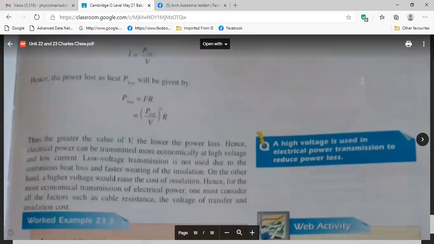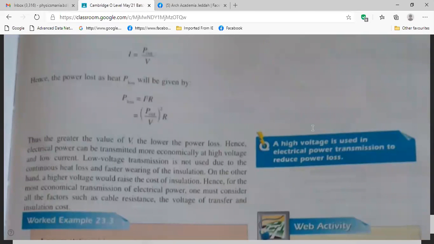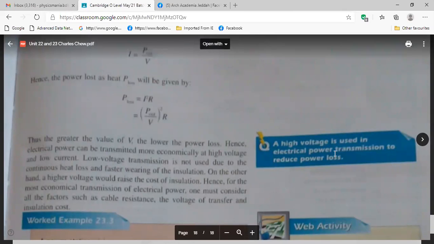So you write this. What is written here in the blue color? A high voltage is used in electrical power transmission to reduce power loss.